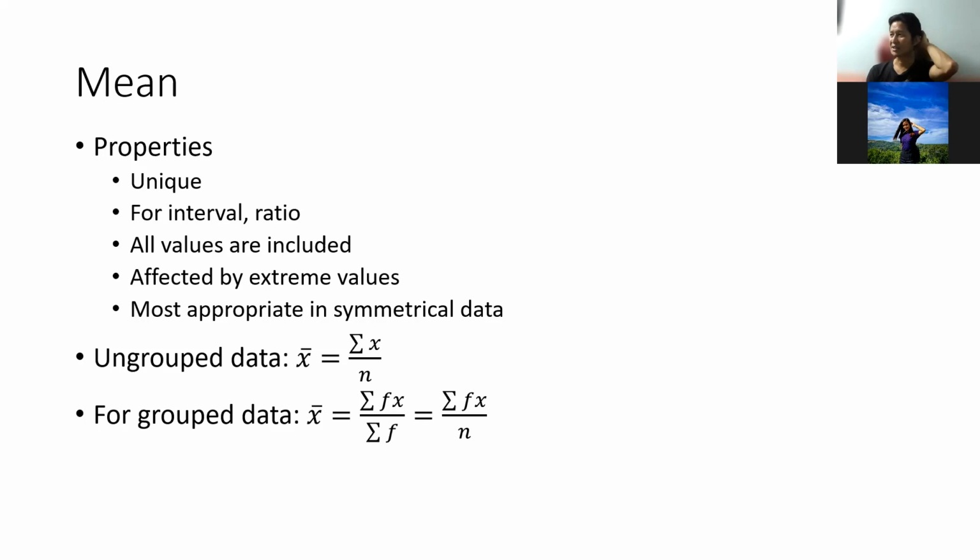Kasi minsan nasu-superimpose natin yung ibang values, or nakakalimutan natin na yung mean is just a representation of your data, pero hindi necessarily yun lang ang data natin. Pero kagandahan nito, since alam natin yung gitna, malalaman natin kung nasaan yung mga kaliwa at kanan na values, or we can estimate kung ano yung mga other values na kasama dun sa data.